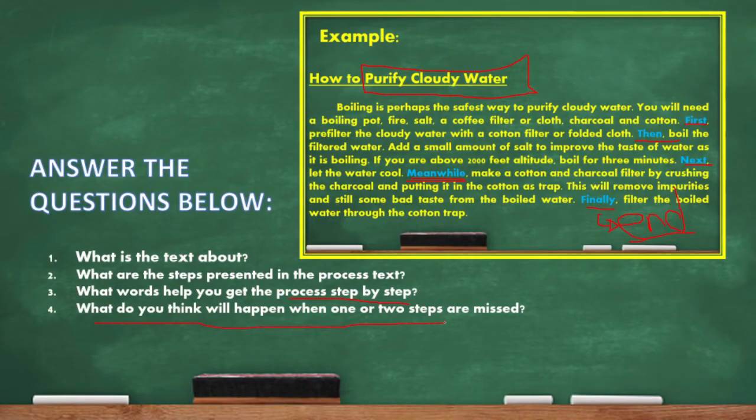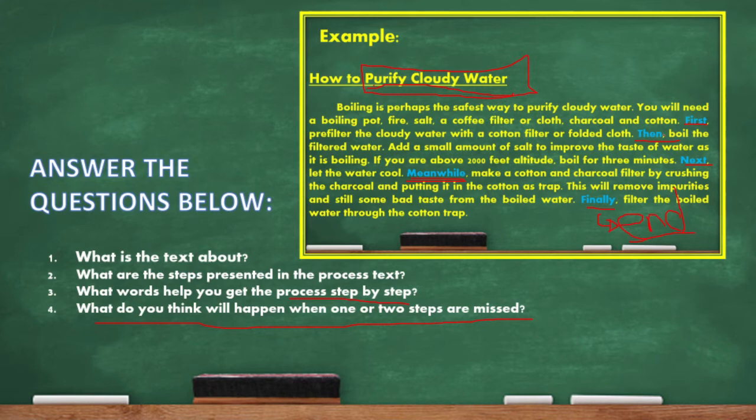Next, number 4. What do you think will happen when one or two steps are missed? In Filipino, kapag nakalimutan mo ang isa sa mga steps na ibinigay, ano kaya mangyayari? You will not be able to perfectly purify cloudy water kasi may nakalimutan kang step.